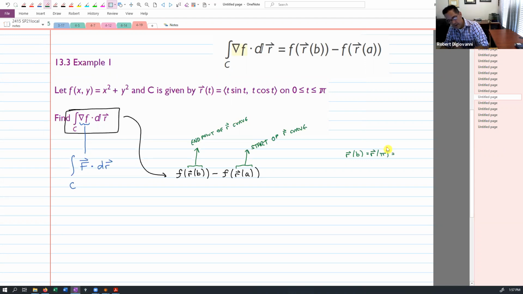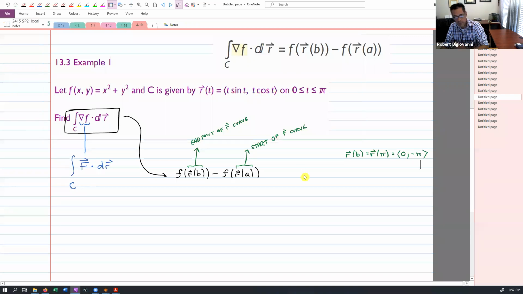And r of pi is, let's see, if we plug pi in here, what's sine of pi? 0. So we get 0 here, and then when we plug in pi here, cosine of pi is negative 1, so we get negative pi.